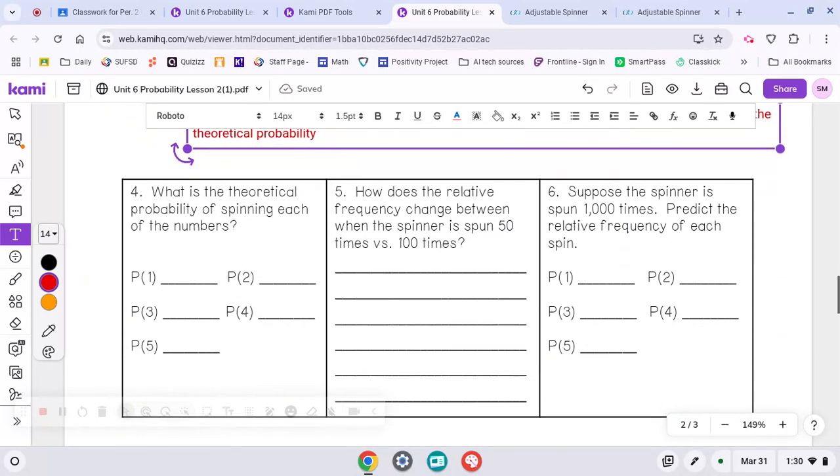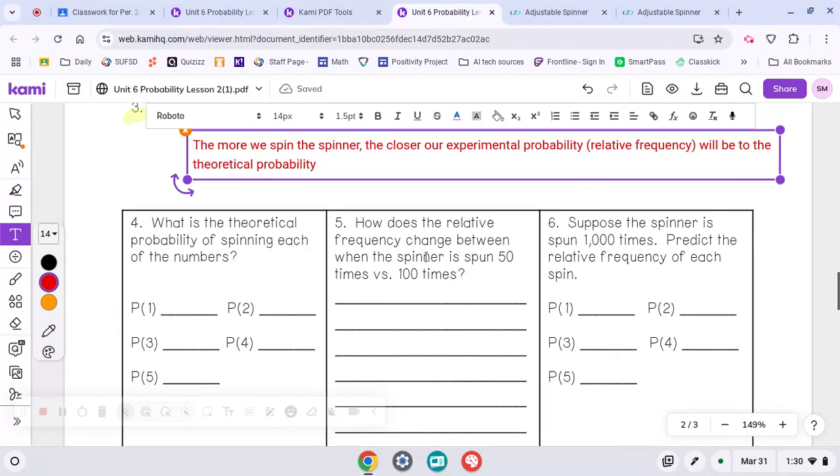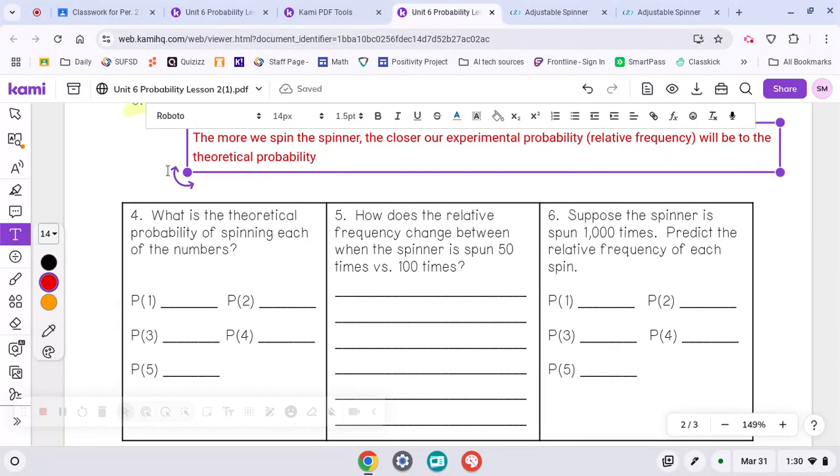All right, so we've got the work down here. Number 5 is the same answer that we just had.